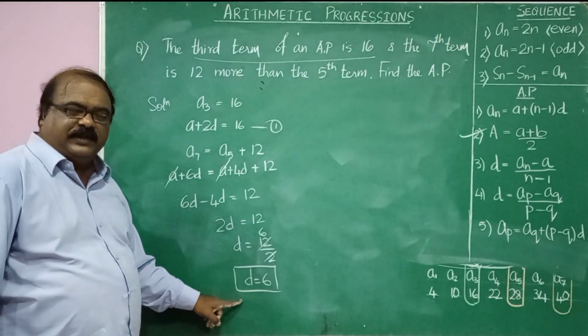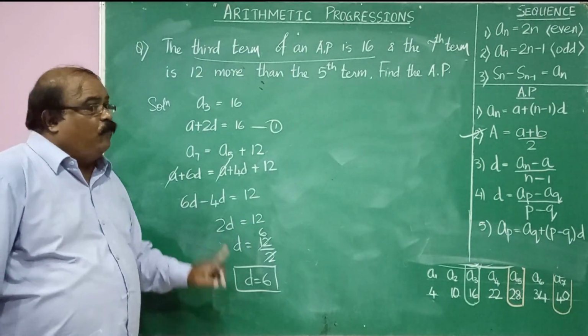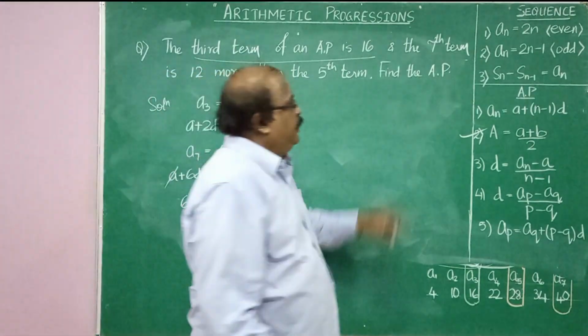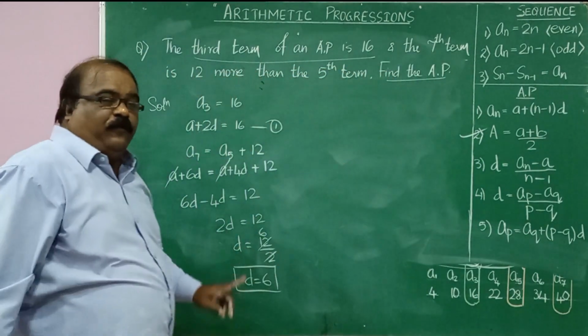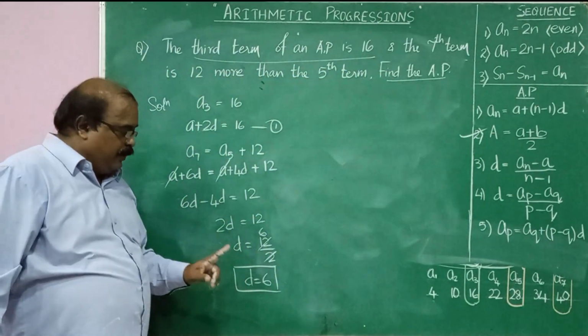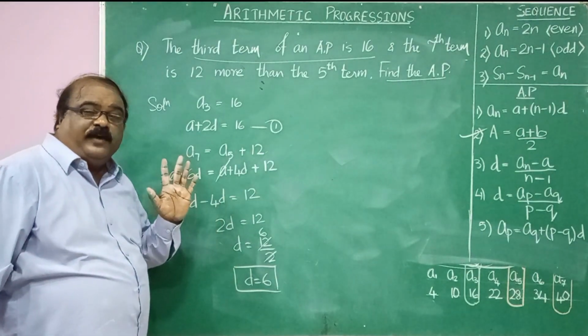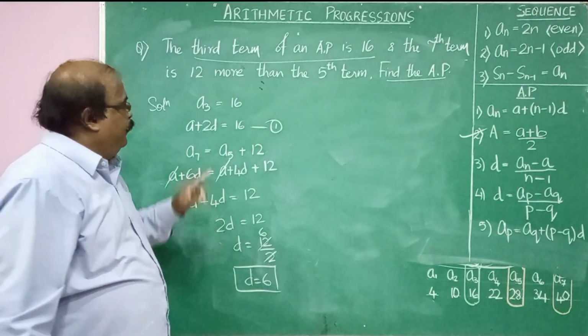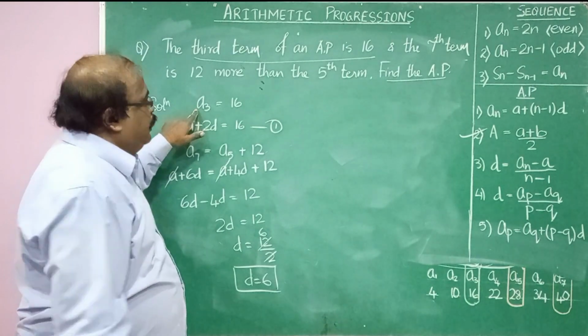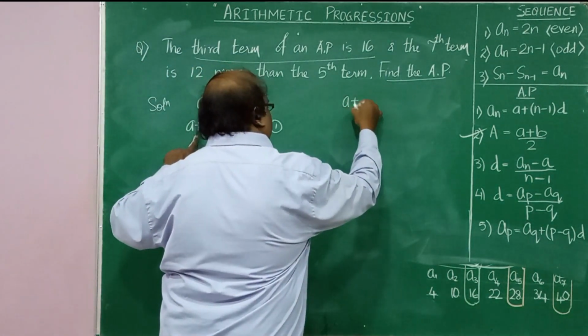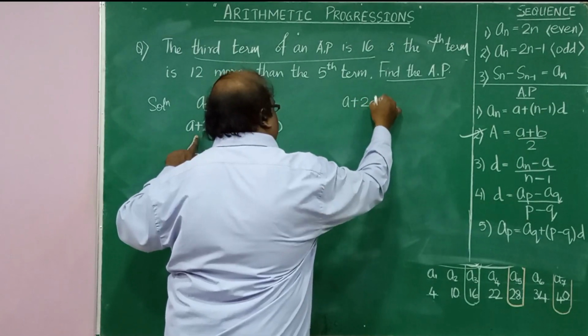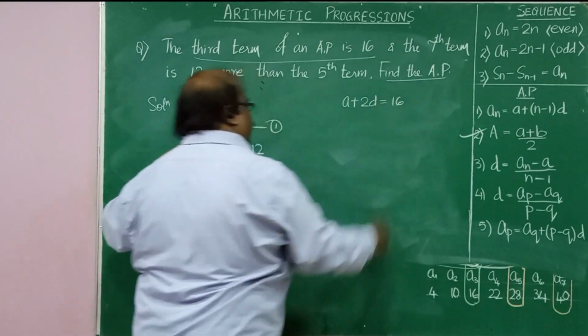I first got the common difference. What was the common difference? 6. What did I ask you? To find the arithmetic progression. If you want to know the arithmetic progression, I should also know the value of A. Now how to get the value of A? Condition number 1 said that the value of A plus 2D is 16.